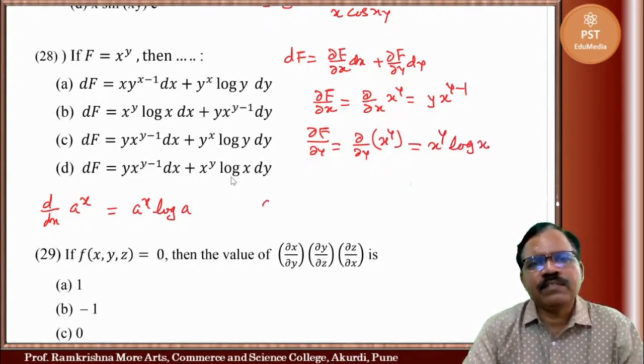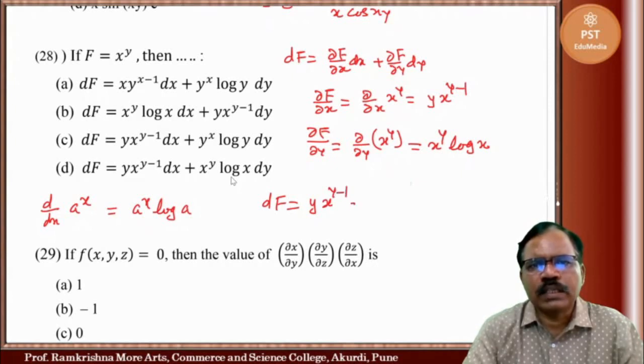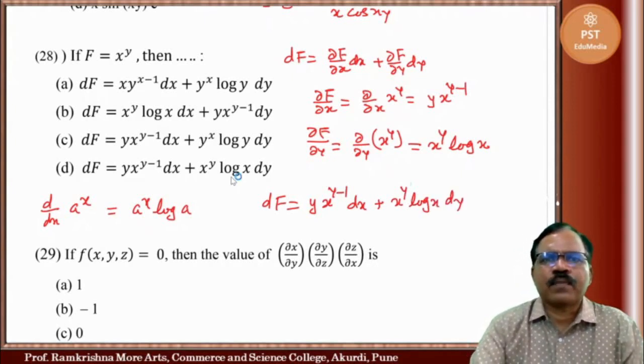So what is df? df is equal to y into x raised to y minus 1 into dx plus x raised to y into log x into dy. We have used these two here.